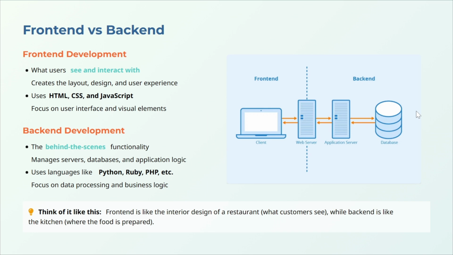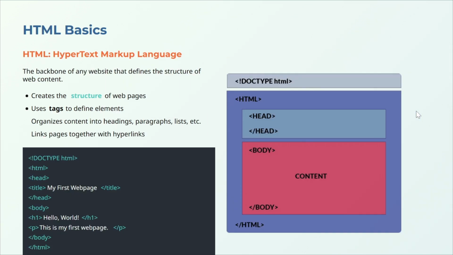Yes. So now let's look at the basics of building our front end. Just as I said earlier, to build a front end, we use HTML, CSS, and JavaScript. Now I'll be walking you through the HTML basics.